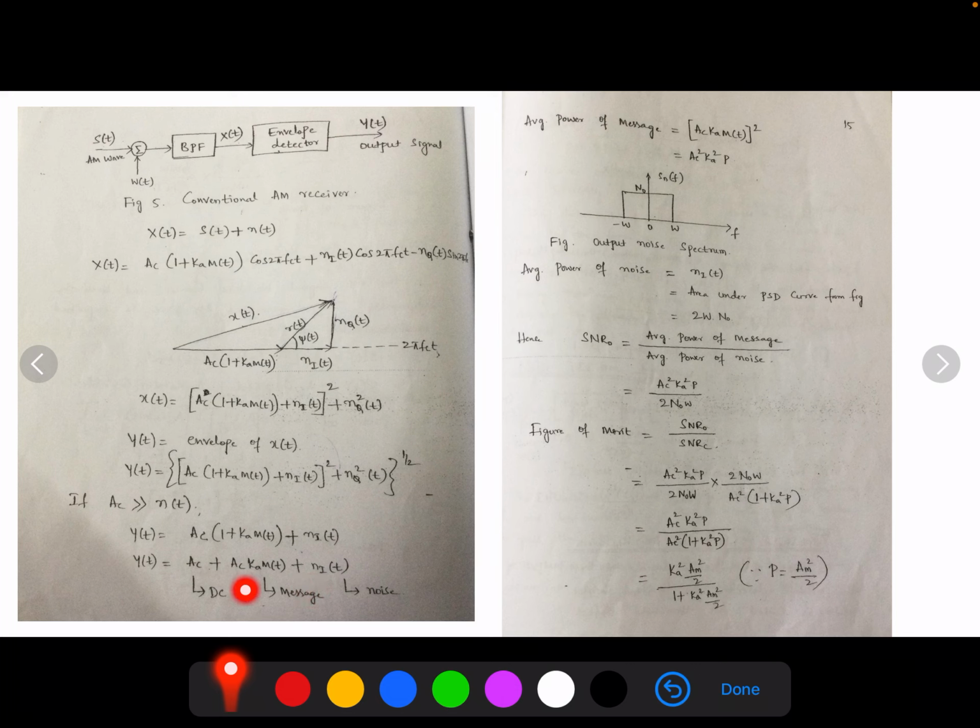Here we have a scaling factor which is similar to that of the output of the DSB-SC receiver.